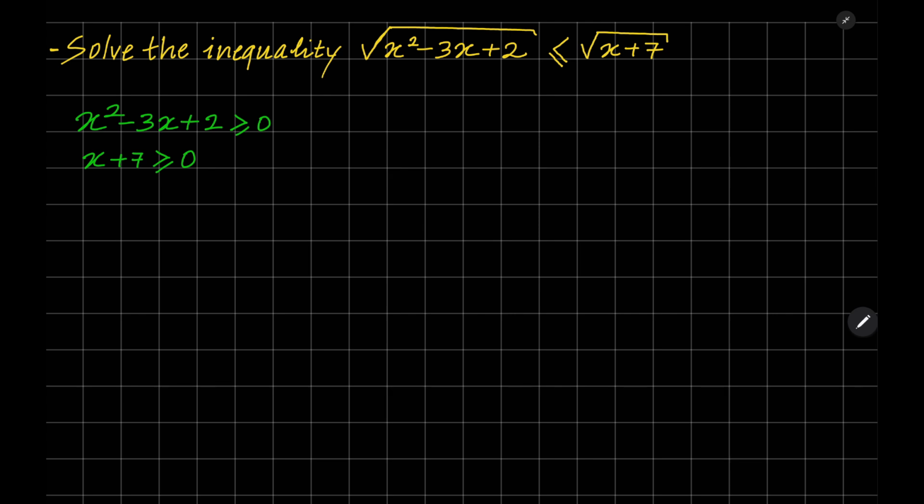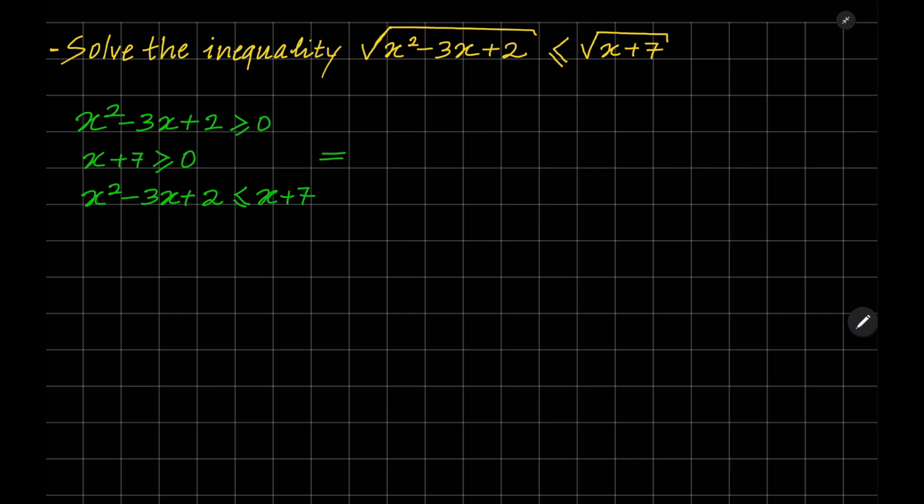If we square both sides of the inequality, we get x squared minus 3x plus 2 is less than or equal to x plus 7, isn't it?